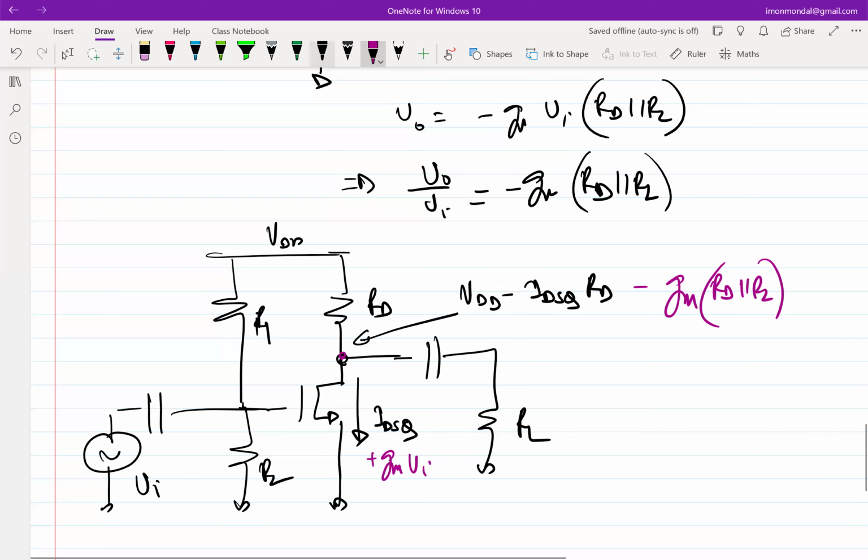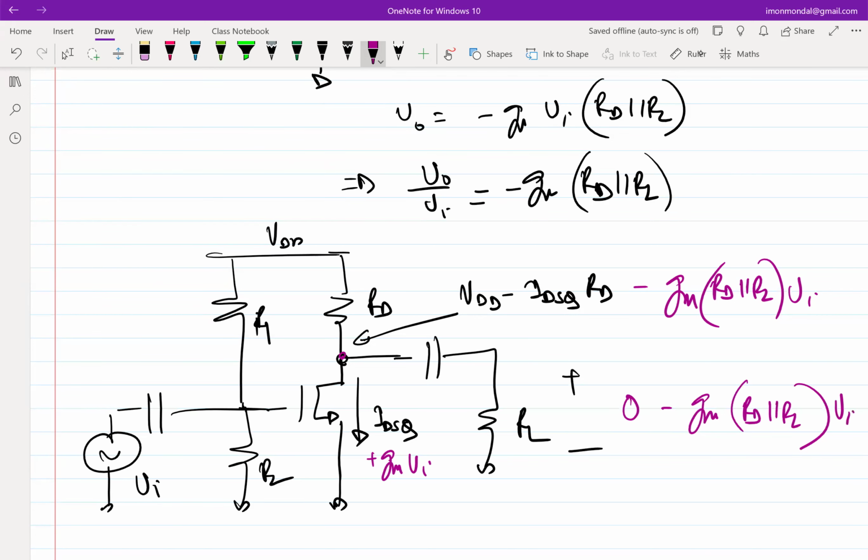What will be the total voltage across RL? Yeah, so it will be minus; quiescent-wise it was 0. And this will be minus GM times RD parallel RL, into Vi. Yeah, correct. Thank you.